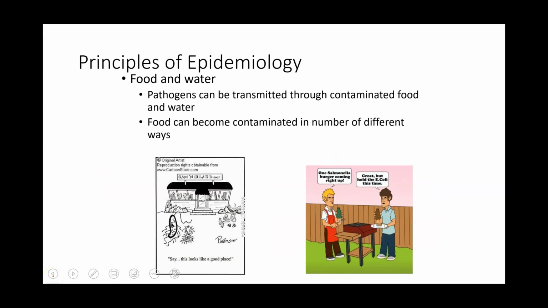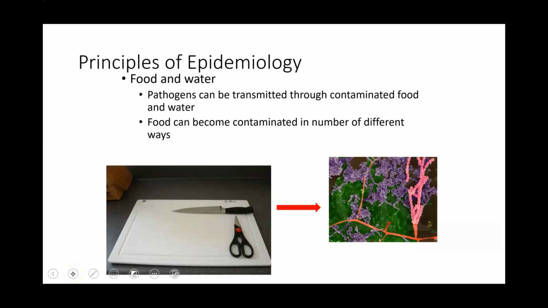So again, not preparing food properly or not cooking the food enough. Here we're looking at a cutting board, a knife, and a set of scissors. These are common items that we use to prepare food. But if you're not washing the food or the utensils properly, then these items could be covered with salmonella or staphylococcus or other potential pathogens.